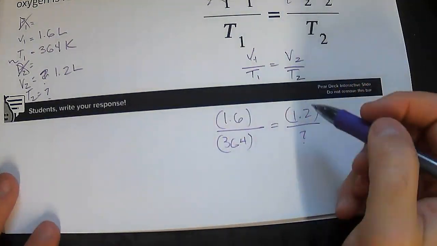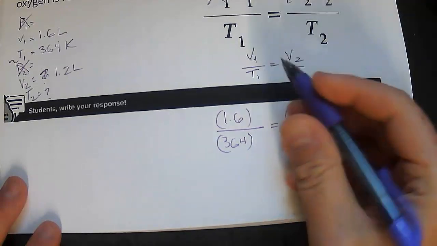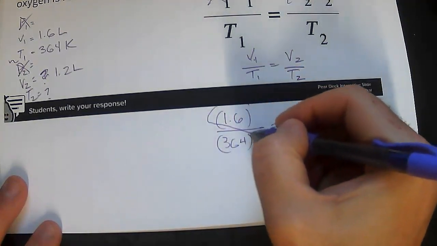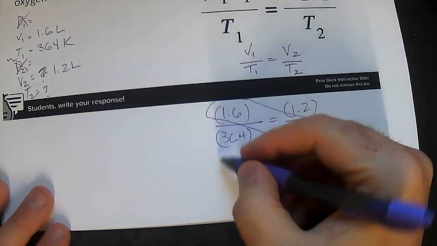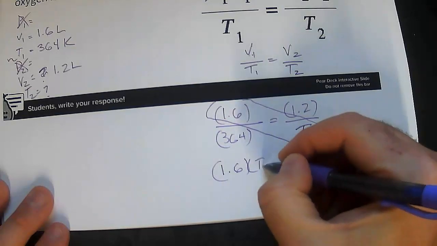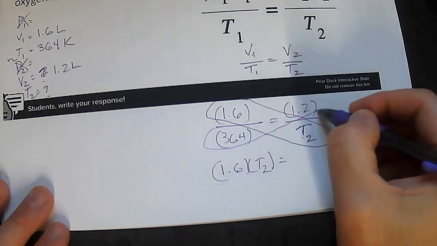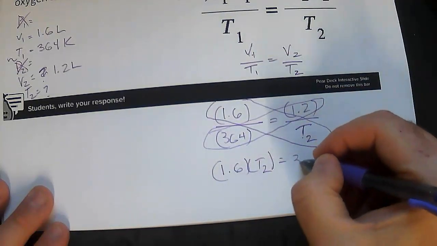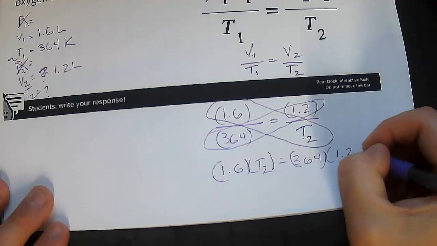And so what I'm going to do is I'm going to cross multiply this. So this is going to be T2. And we used to call this the butterfly method when I was a kid. So I'm going to do 1.6 times T2 equals, and then I'm going to take this part and multiply that, 364 times 1.2.